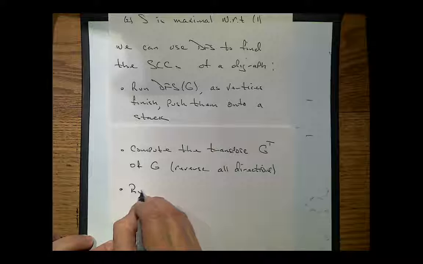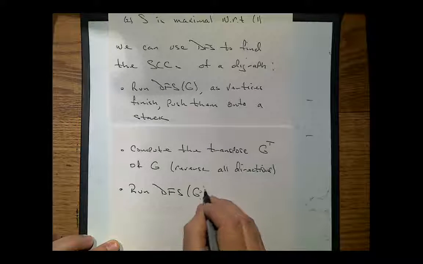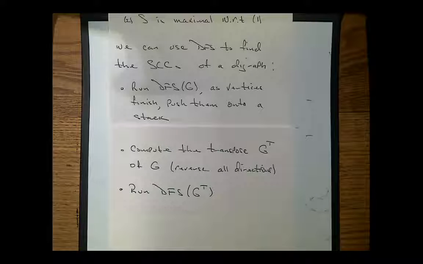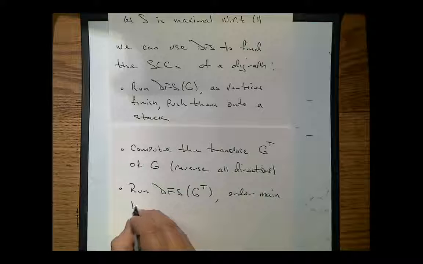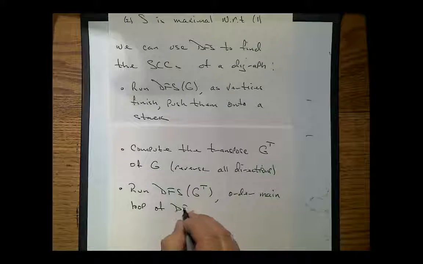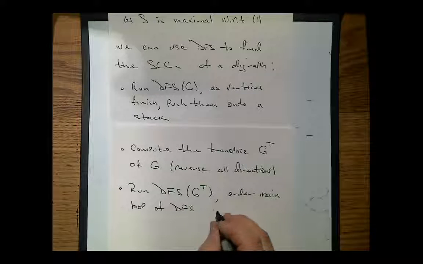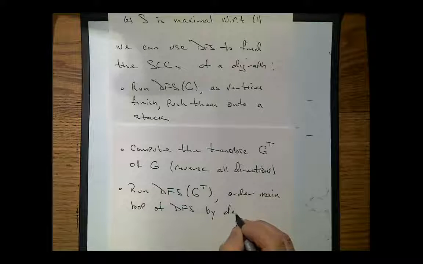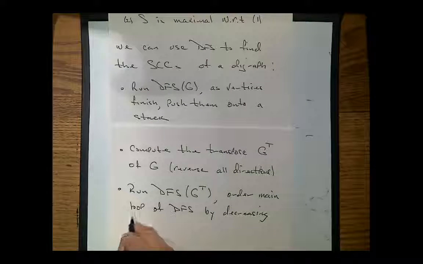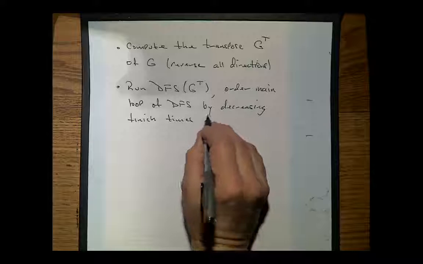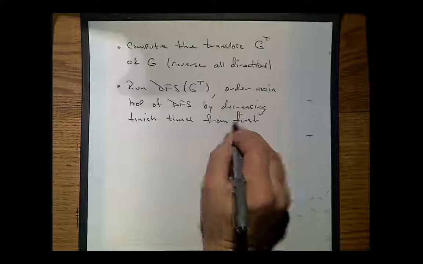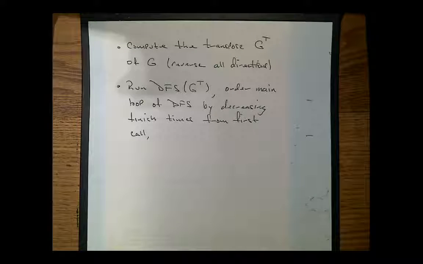And then run DFS on G transpose. But this time, order the main loop of DFS, not by our convention of increasing vertex label, but by decreasing finish times from the first call. In other words, we run the loop by just popping off the stack.